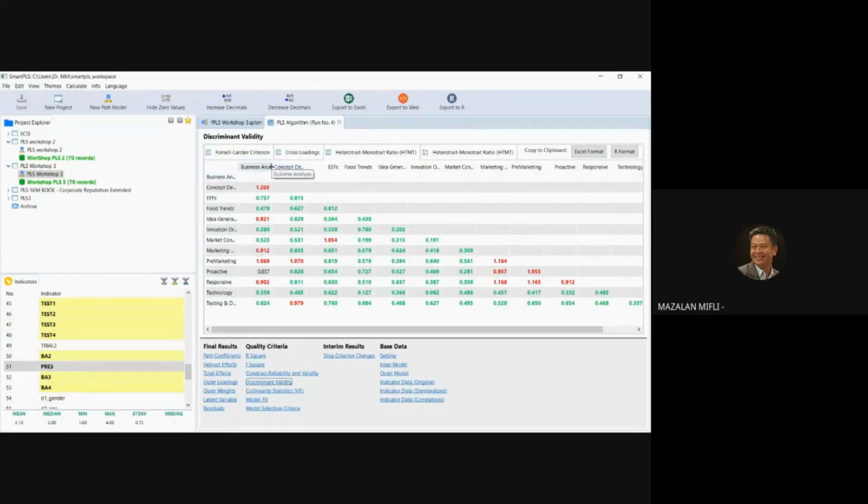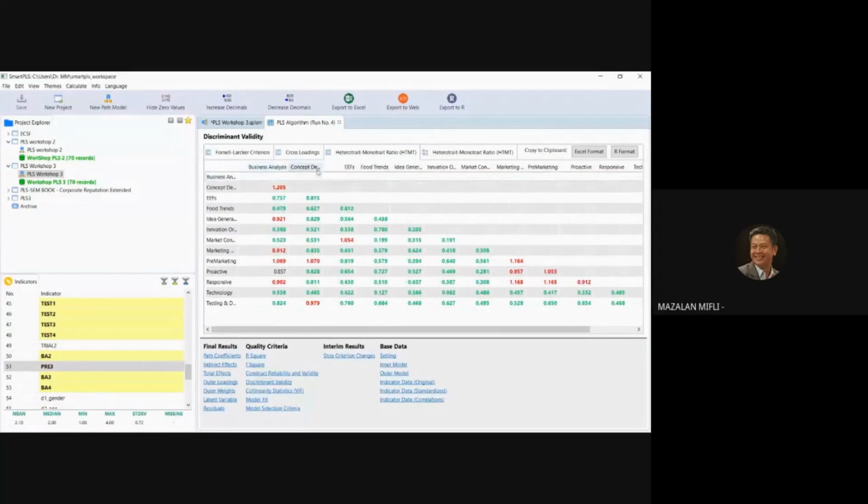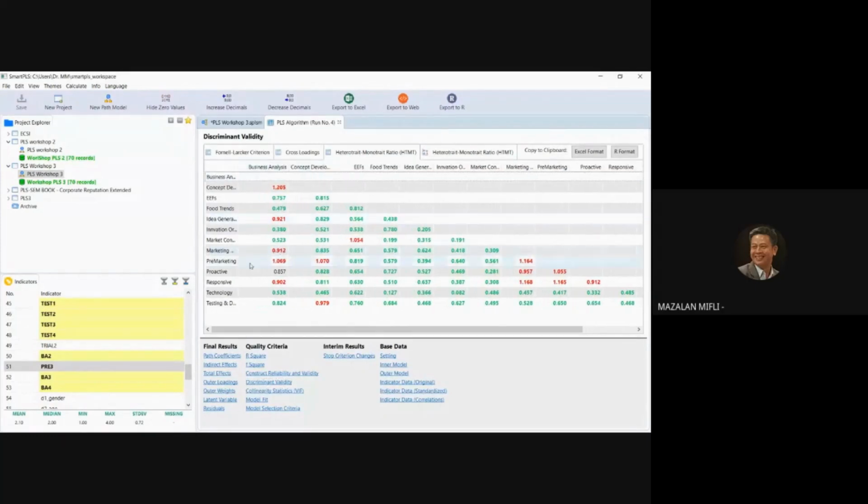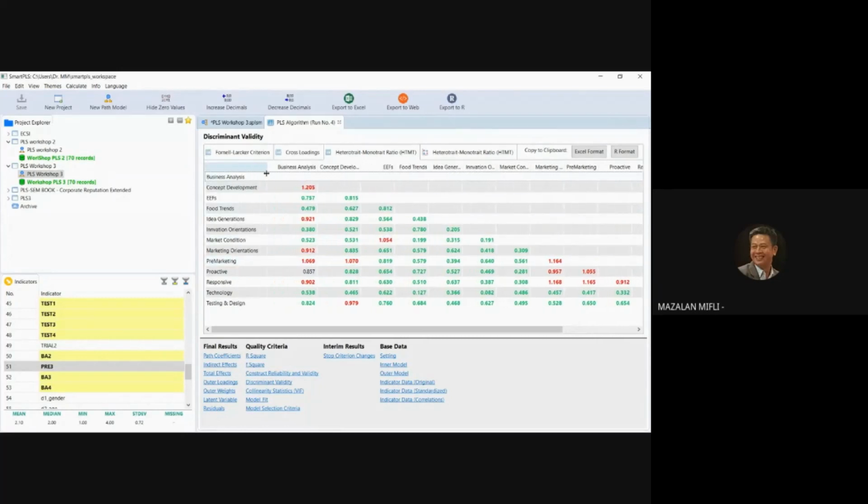Okay, so yeah, they are not really bad actually, because some of those are under the concept development, so it's fine. Okay, so we have a violation of this one. Okay, market conditions. Okay, marketing orientation. Okay, so we have this, but this is not to worry about.